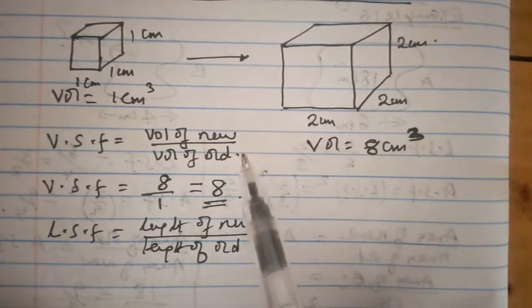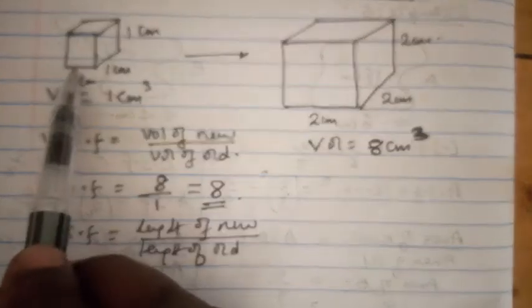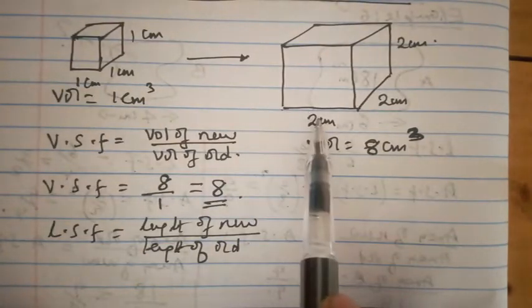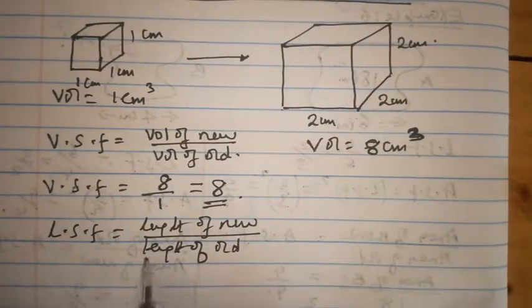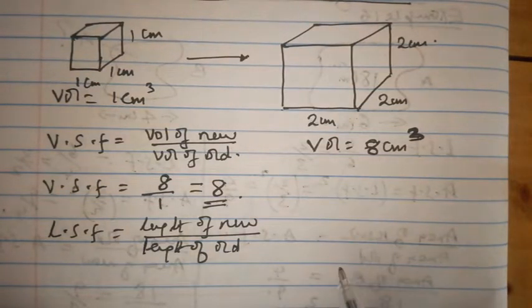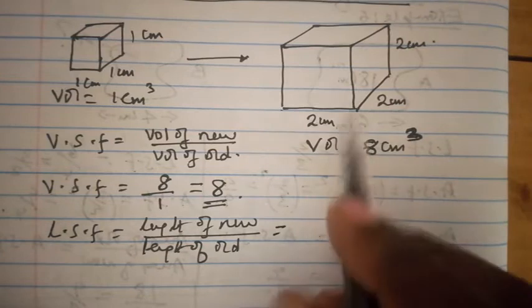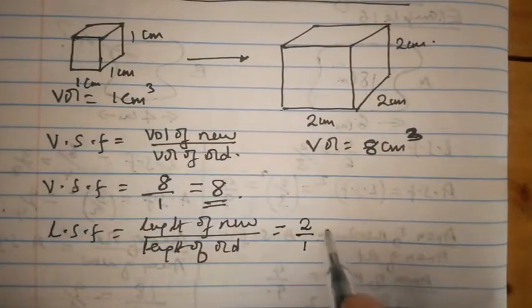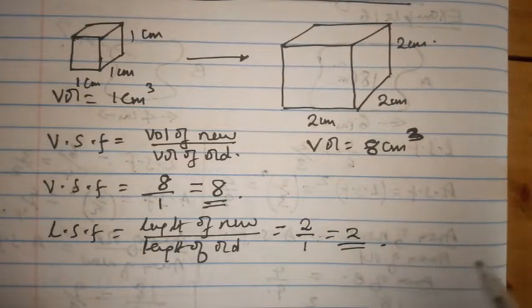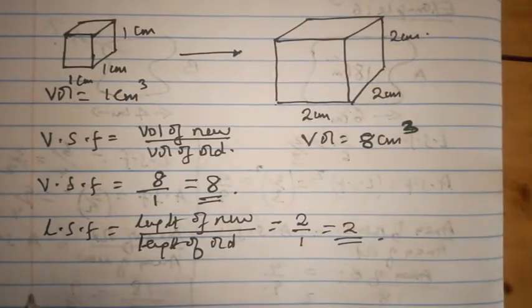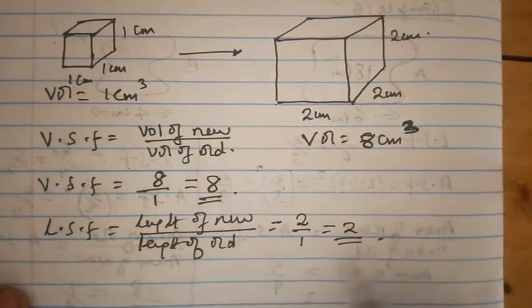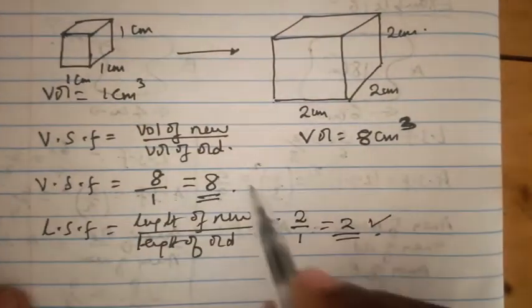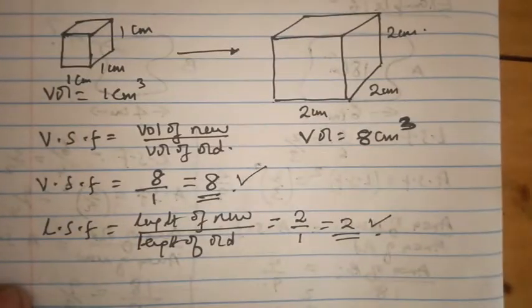It doesn't work that way. If you're looking at length, you must also look at length across. That's why I am very careful in indicating corresponding length, meaning that the length of the new is 2, the length of the old is 1, which is 2. Now, it must be seen that the linear scale factor is 2 and the volume scale factor is 8.